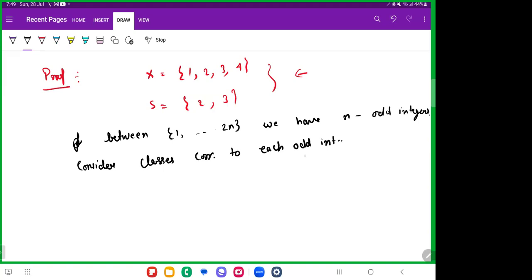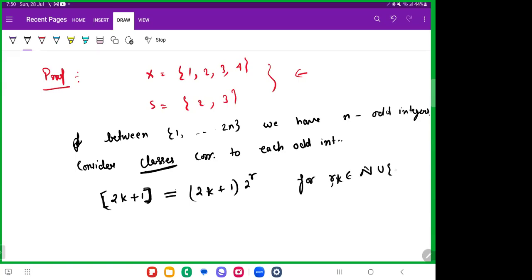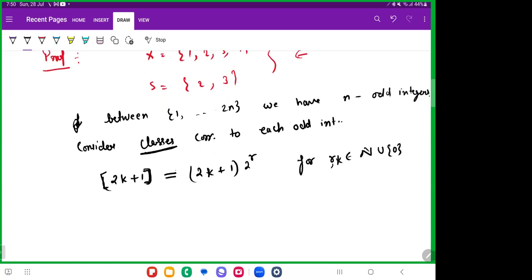By these classes, I mean the class of an odd integer of the form 2k plus 1, whose elements are of the form (2k plus 1) times 2 to the power r, where r, k belong to the natural numbers union 0. So these classes I am going to consider.